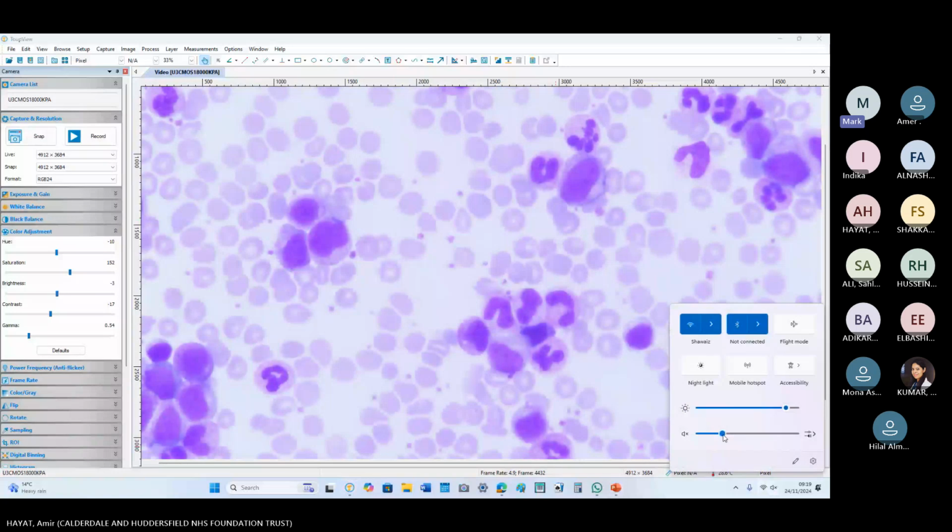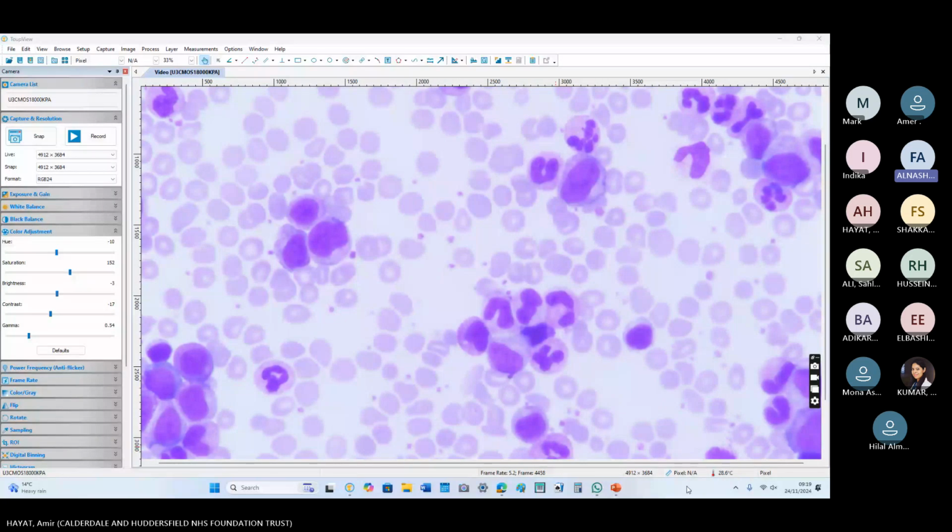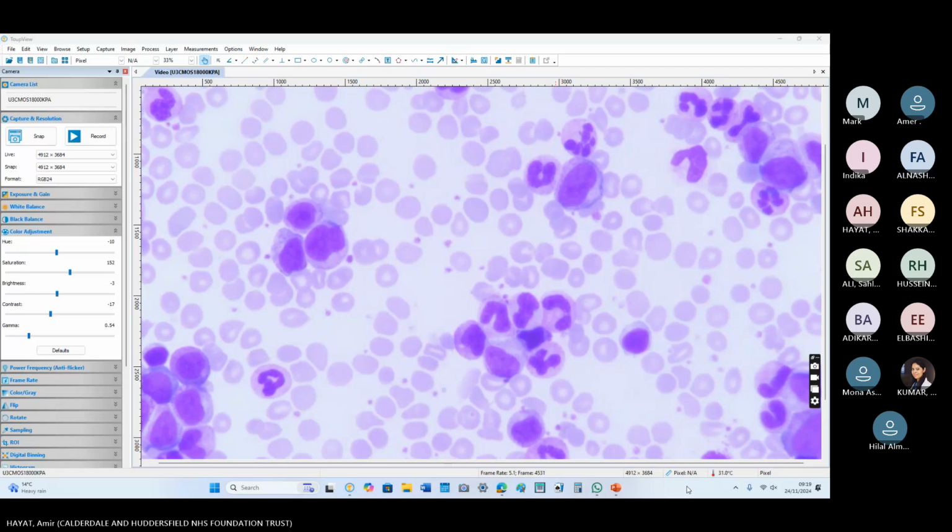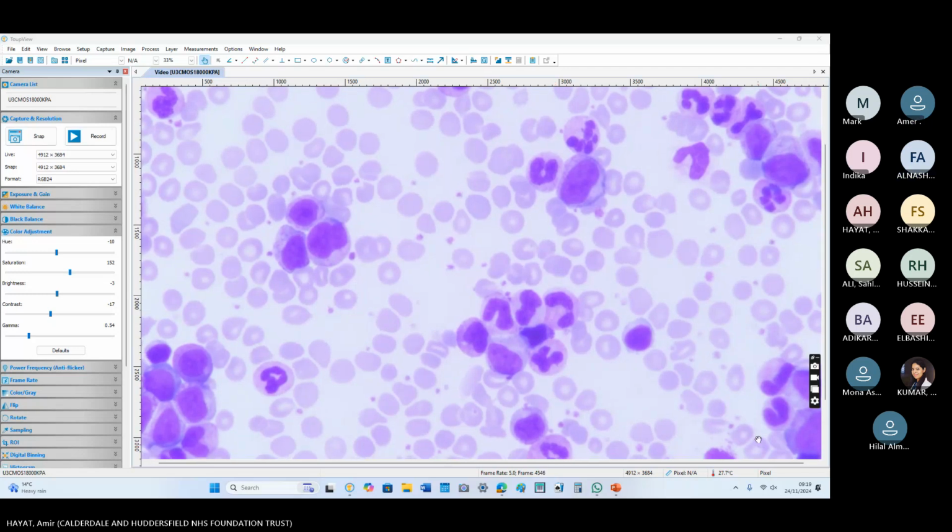So you go through this blast picture. I think this is CML. It's different. There is left shift. There are myelocytes, metamyelocytes, bands.